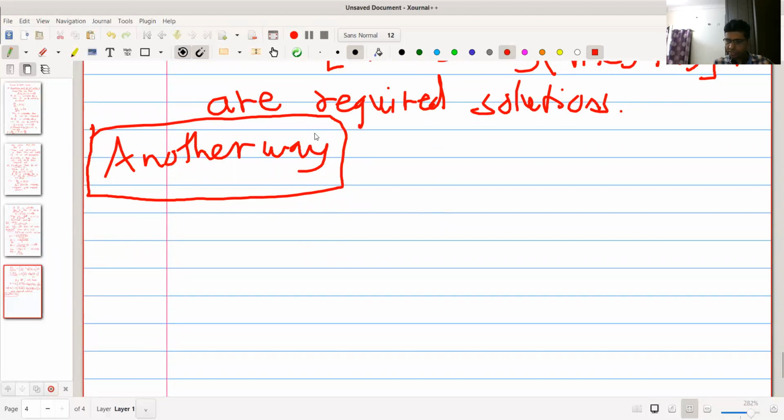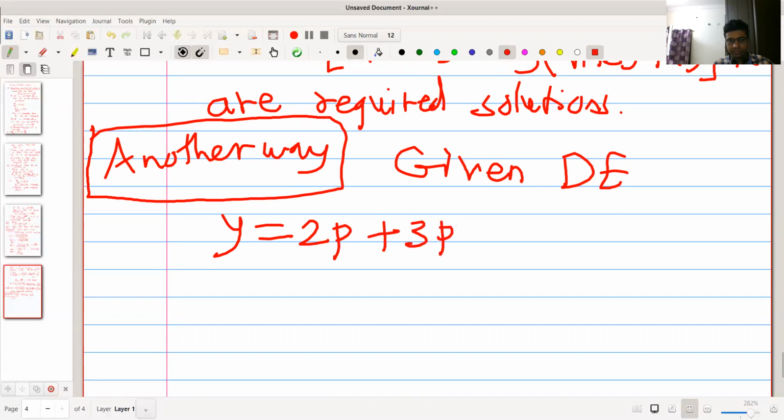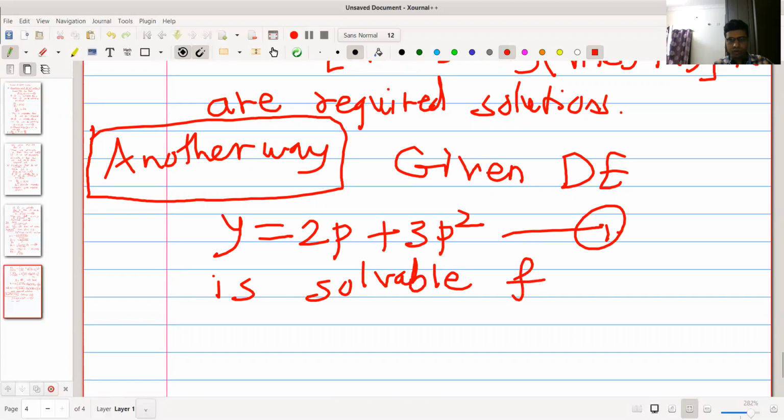The given DE, y equal to 2p plus 3p square, is solvable for y. So what we do?